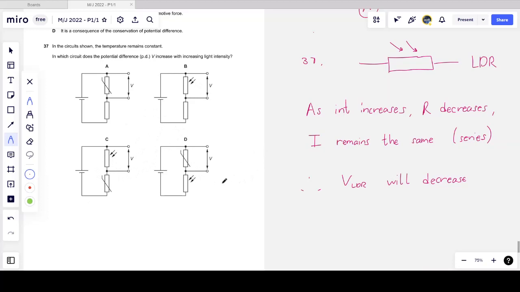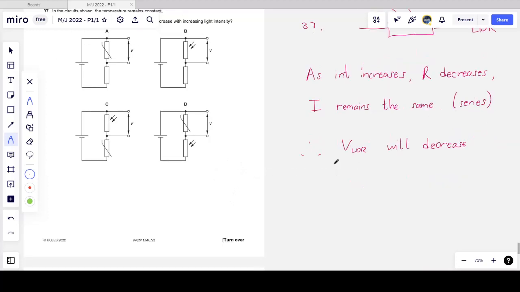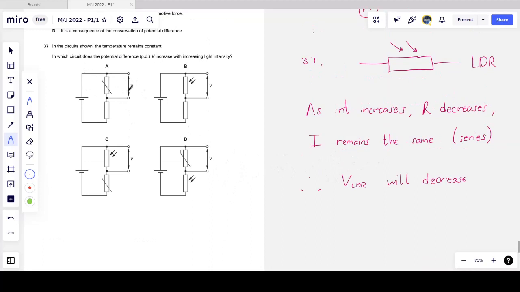But we need the voltmeter to be across the thermistor. And obviously there must be some change to the circuit. In A, we have a voltmeter across a thermistor, great, but light intensity doesn't affect the other resistor.